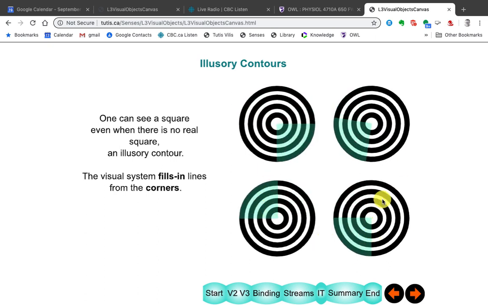Okay, back up in this position. Square. And sometimes you can see lines extending from one to the other part of the square where there is no line. That's called an illusory line.